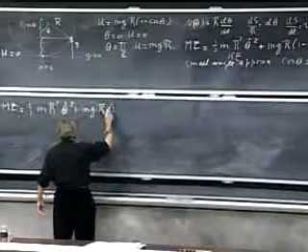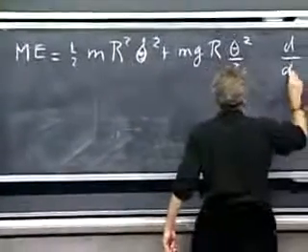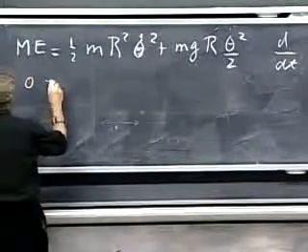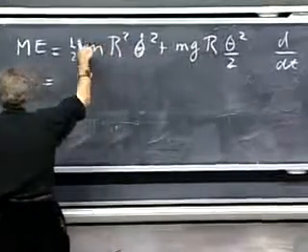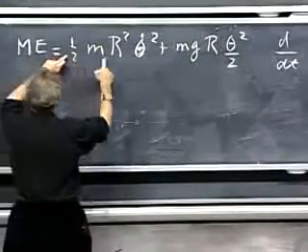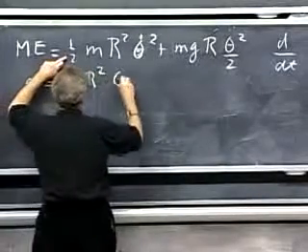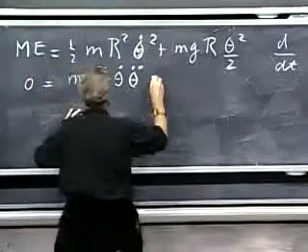So I get simply theta squared over 2. And now I take the time derivative. So this becomes 0 equals. Now, I get a 2 out of here, which eats up this 1/2. So I get m r squared. Then I get theta dot, but the chain rule gives me a theta double dot.